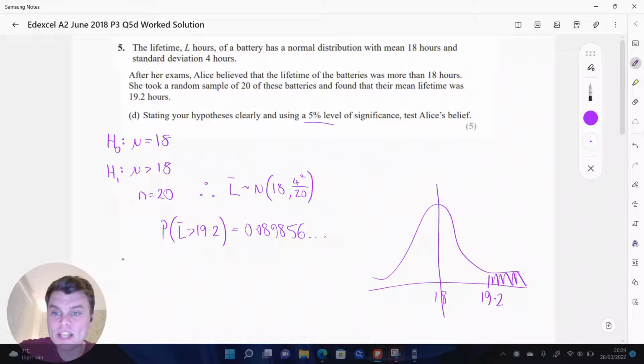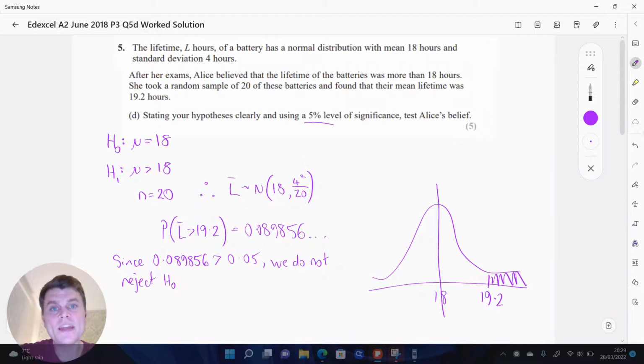Okay, so we're going to have a little look and compare that with our significance level. So we write a sentence. Since 0.089856 is greater than 0.05, we do not reject H0. And then we go on to just explain what that means in context.